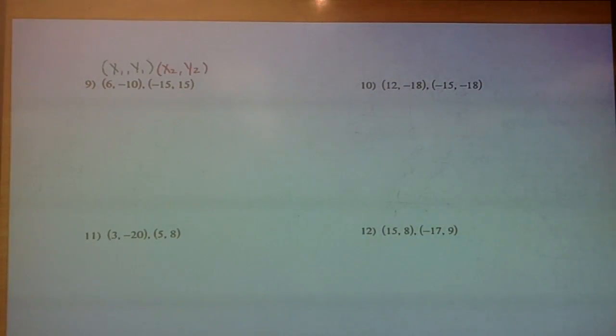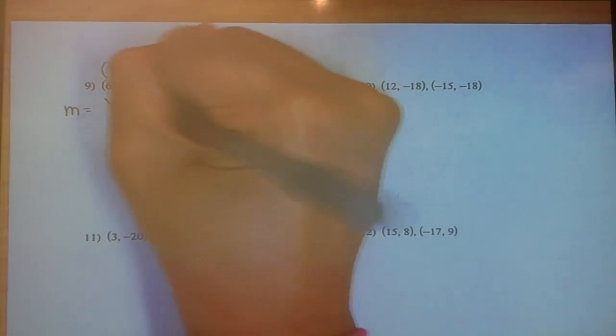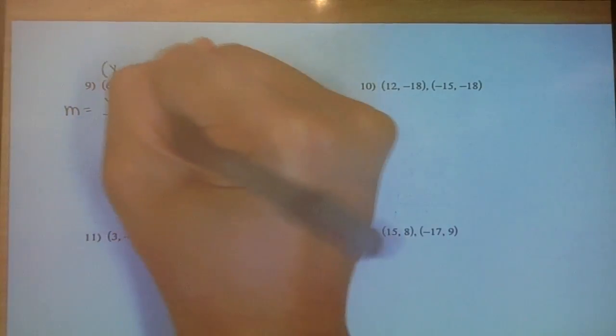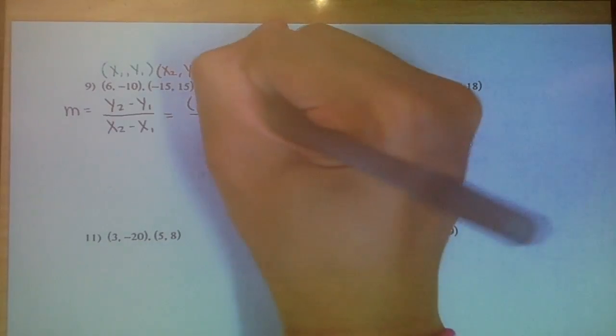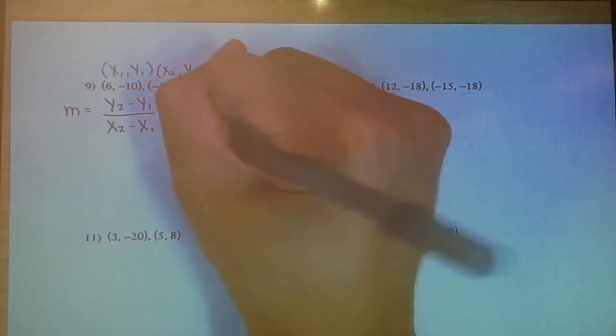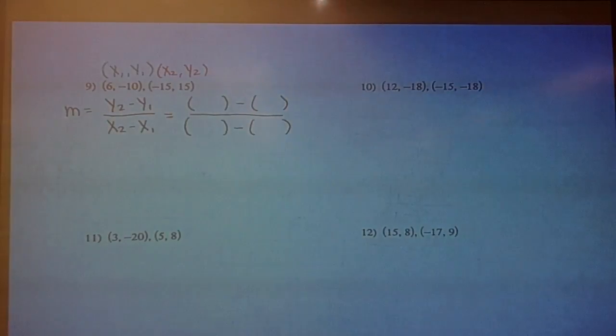So we're going to use the same formula. Slope is y2 minus y1 over x2 minus x1. So we have y2 minus y1, x2 minus x1. And we just need to fill in the blanks.